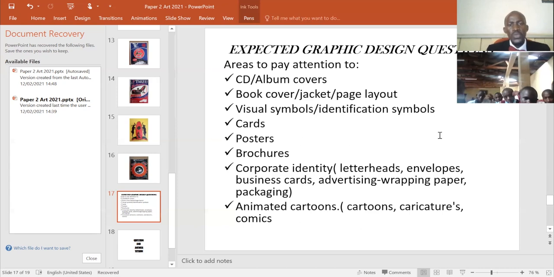Then we have, let the candidate be able to create brochures.